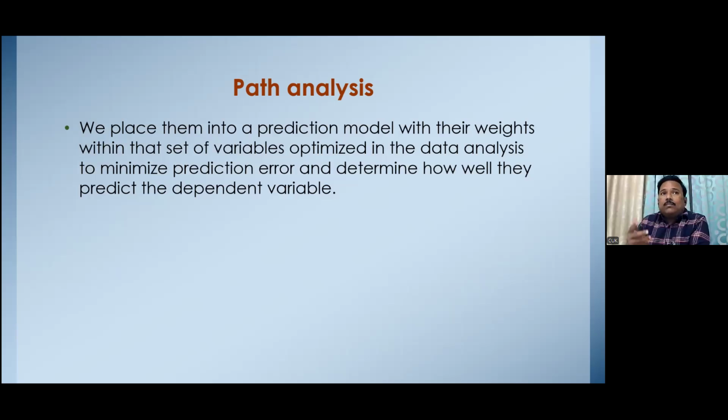In multiple linear regression, we place all the variables into the prediction model, and their weights within that set of variables are optimized in the data analysis to minimize prediction error, and we determine how well each predictor variable predicts your outcome variable. So this is what we do in multiple linear regression.